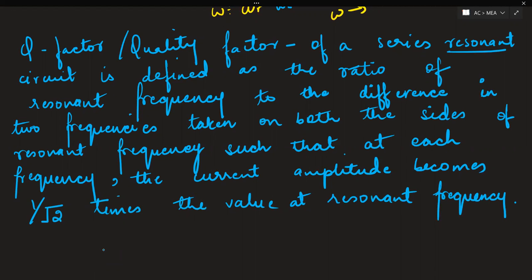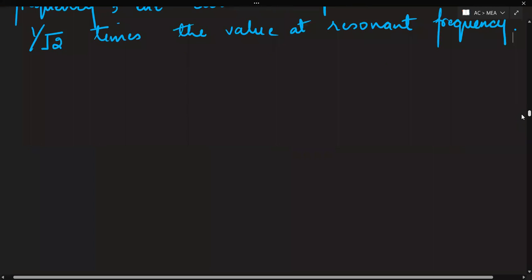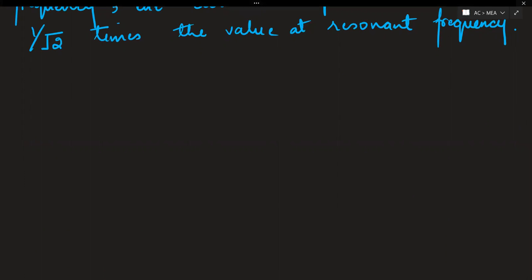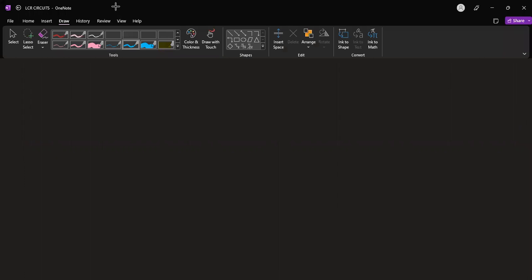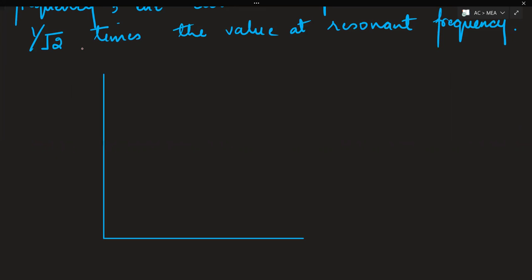See, again, I tell you what is meant by this. That was the definition. You can copy it down quickly. Here there was a graph, one of the graphs I have taken.